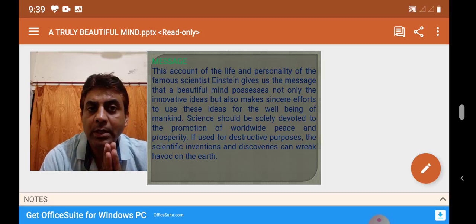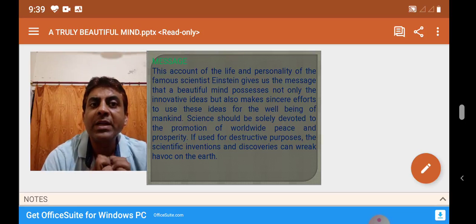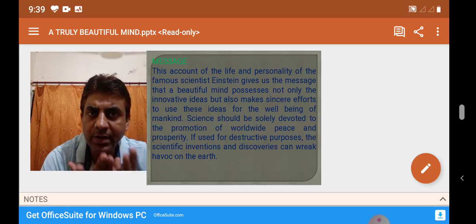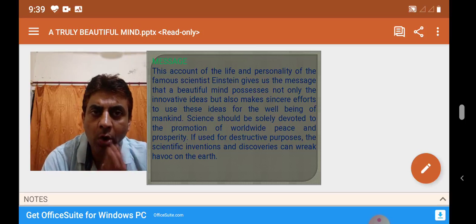If science is used for a destructive purpose, then these scientific inventions and discoveries are of no use. They can only bring destruction on the earth, and that can be very dangerous for humanity.